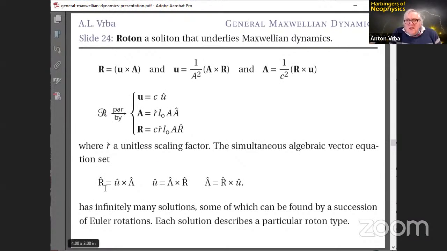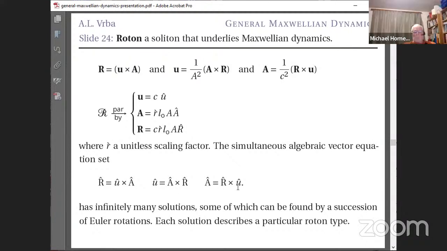So basically, any solution of the unit vector of R equals the cross product of the unit vector of u cross A, and similar with the other three equations there. So any solutions of this would be a rotary wave.